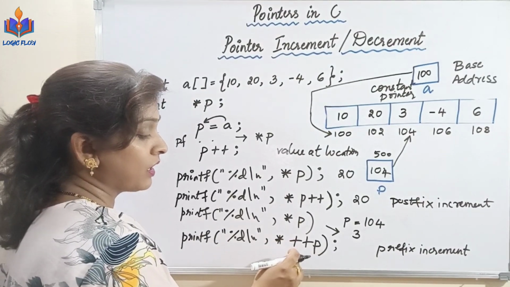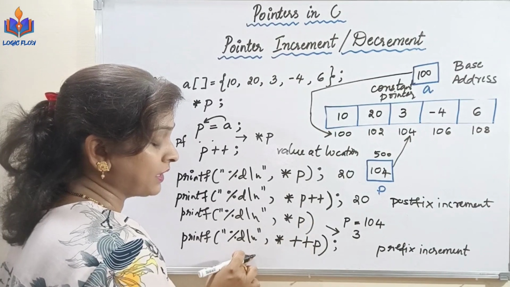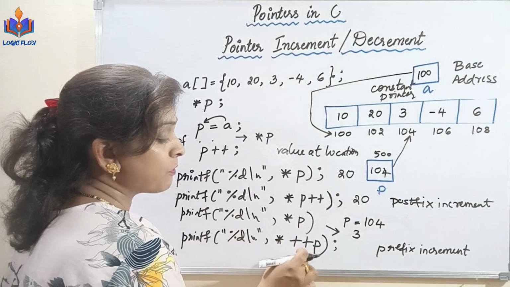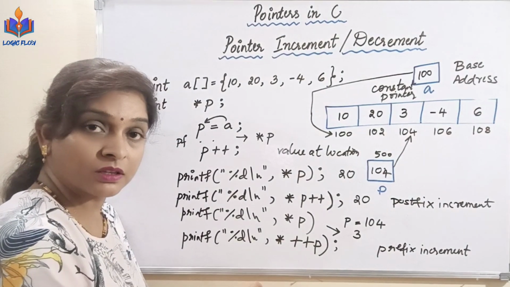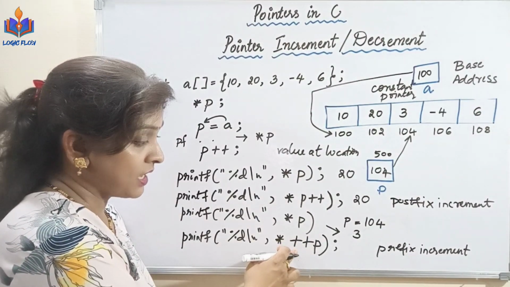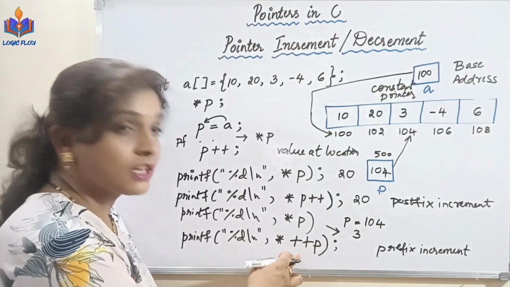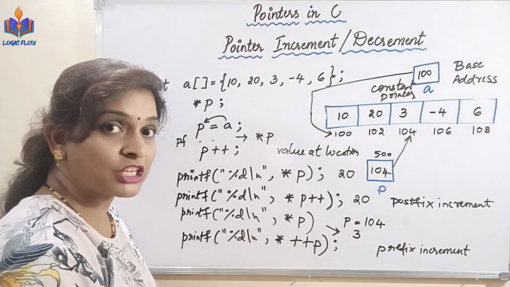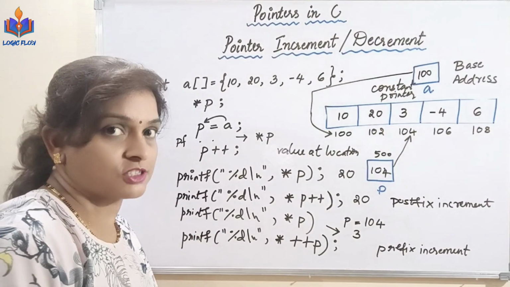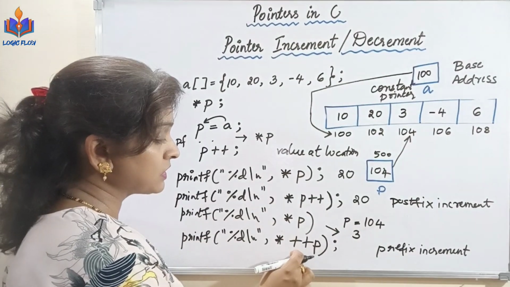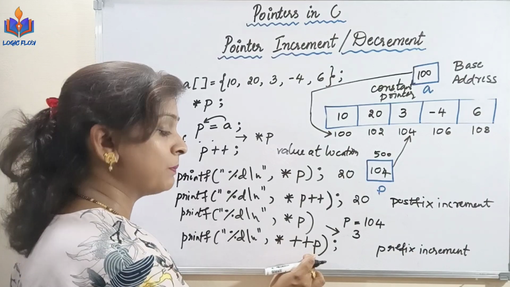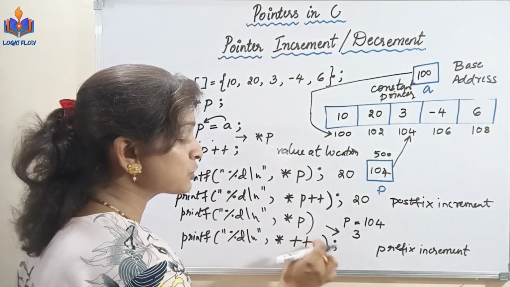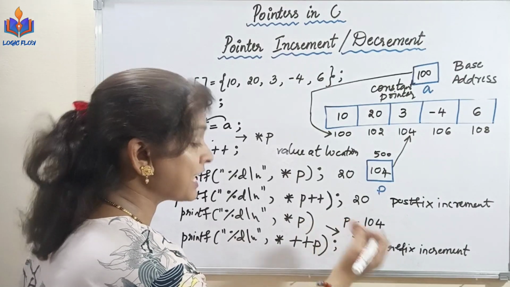Now when the compiler comes to this point, it is going to observe what type of incrementation it is. So here it takes the prefix incrementation. Prefix means the incrementation has to be done first. So here the incrementation of the pointer will be done first. It means P is going to be advanced to the next location.